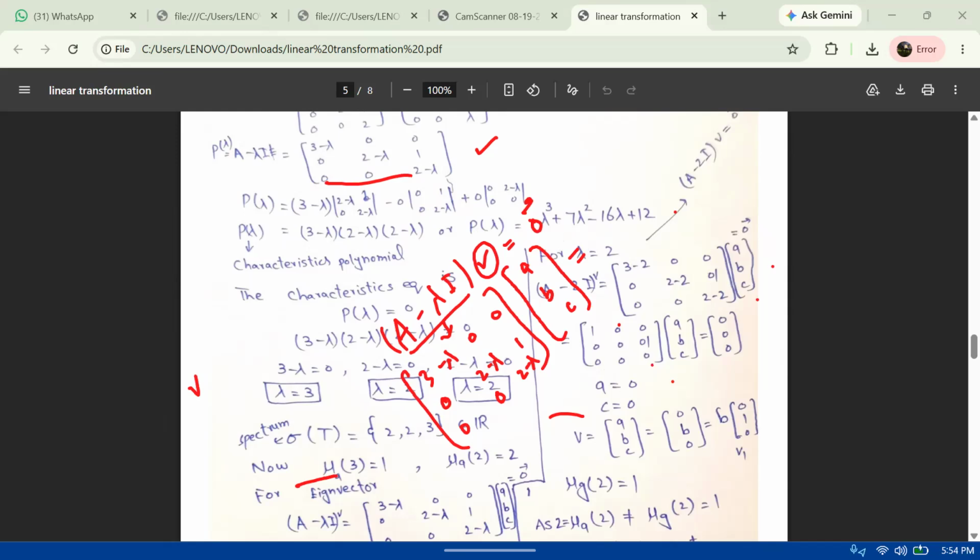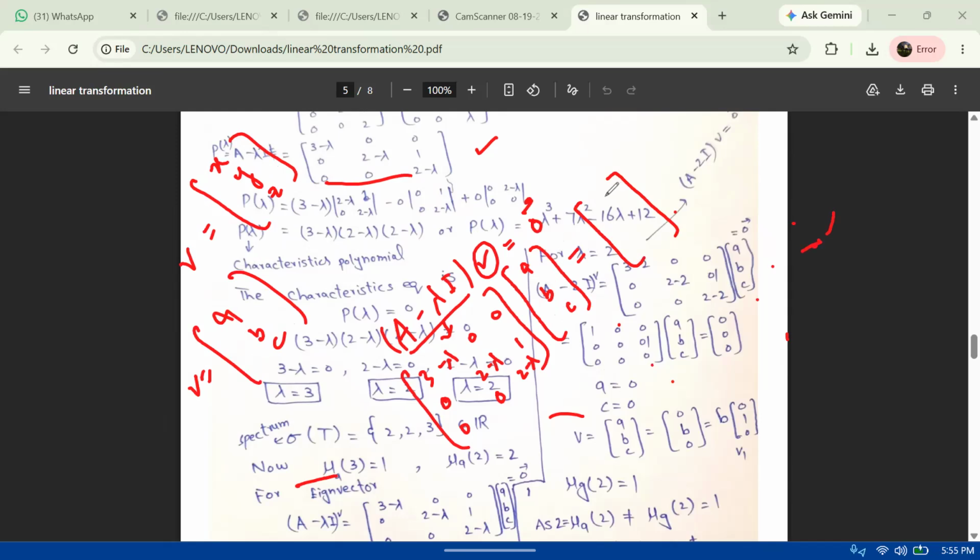When you multiply it with a, b, and c, it's just a vector v. We suppose this vector v equals a, b, c. It's up to you, you can take v equal to x, y, z. This is equal to the zero vector, which means we have 0, 0, 0.